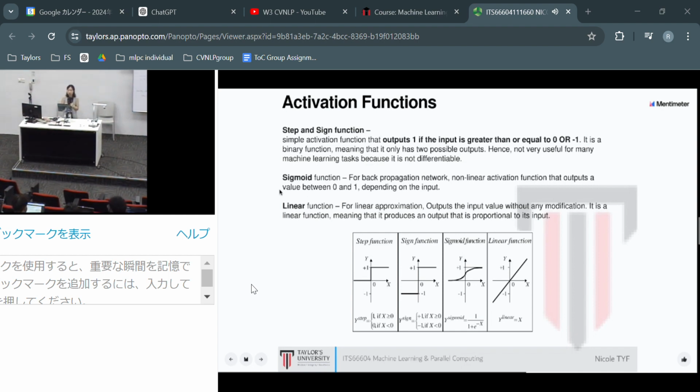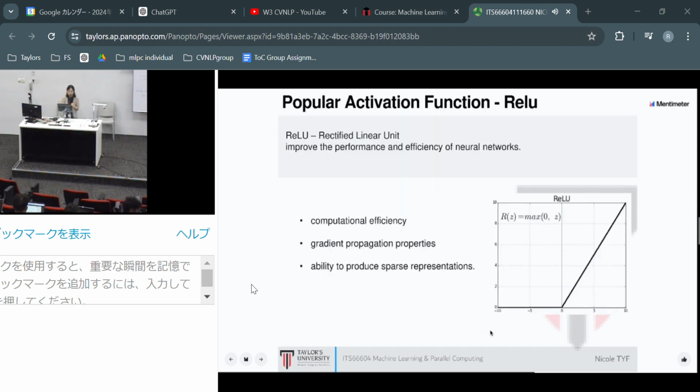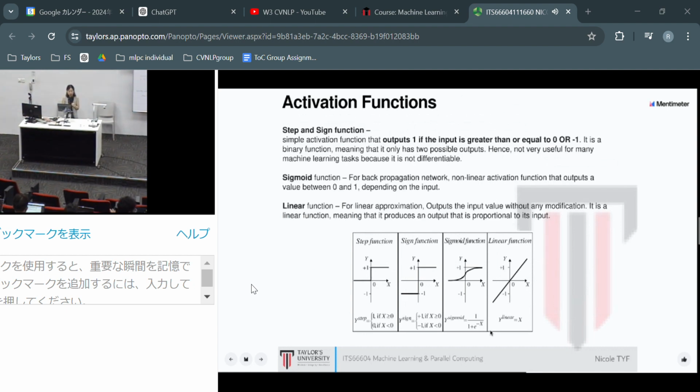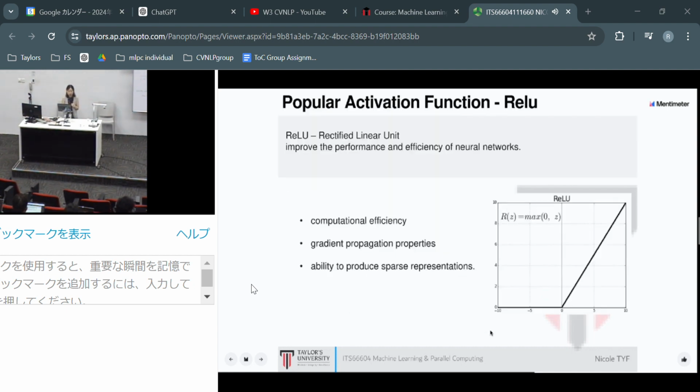Alongside the step, sine, and sigmoid functions, there are also some newer activation functions which are pretty popular because they are known to be better compared to the sigmoid and step functions. One of them is the rectified linear unit, the ReLU function. It is known to have improved performance and to improve the efficiency of the neural network.